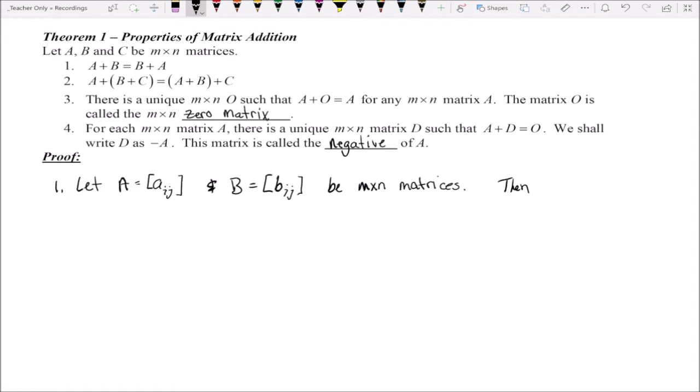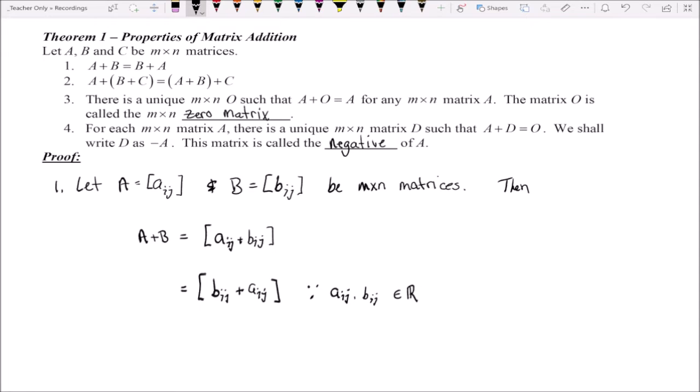Then from the definition of matrix addition, A plus B would be Aij plus Bij. Right, now this equals, what we can do is rewrite this as Bij plus Aij, and this is because each Aij, Bij are real numbers.